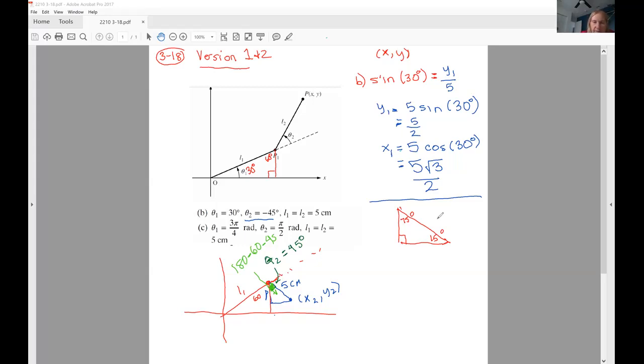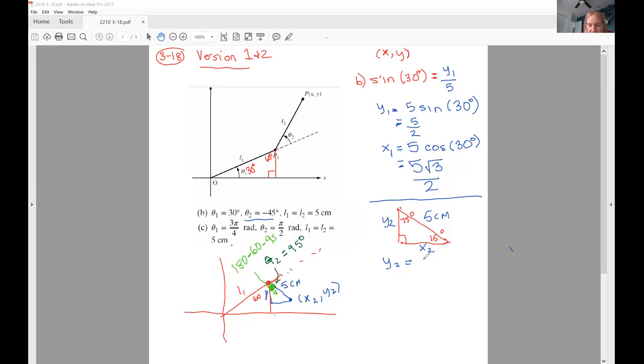So let's go back to blue. I can say that Y2 is equal to, and I know also that the length of this is 5 centimeters. So Y2 is going to be this height. X2 is going to be the length of that base.